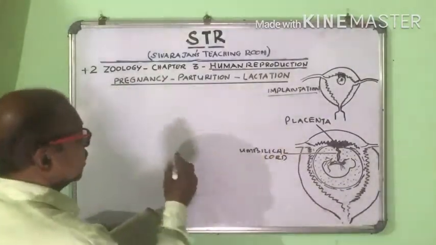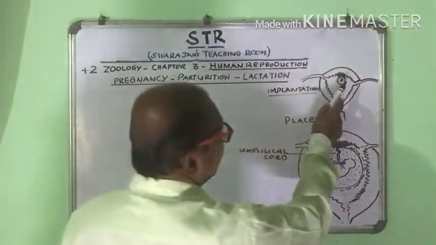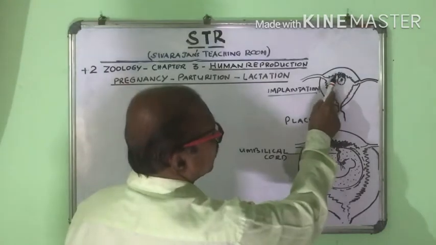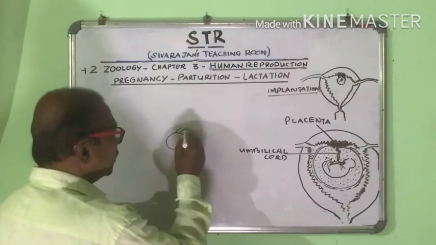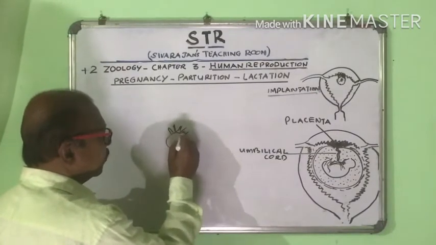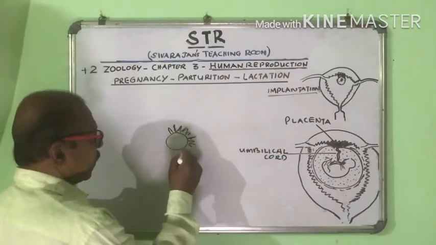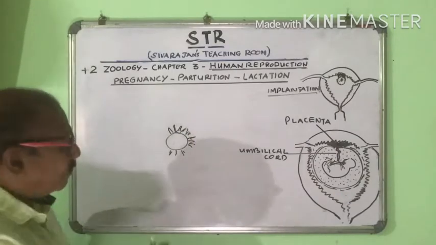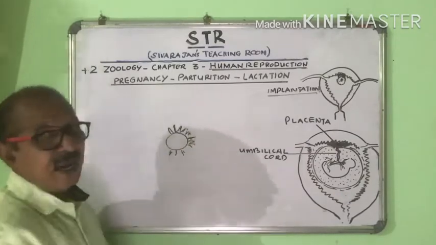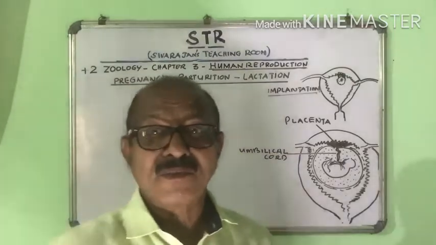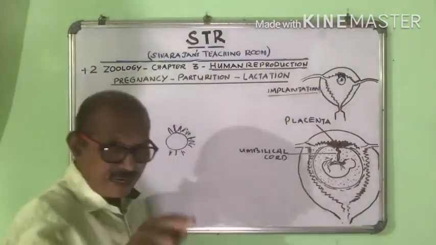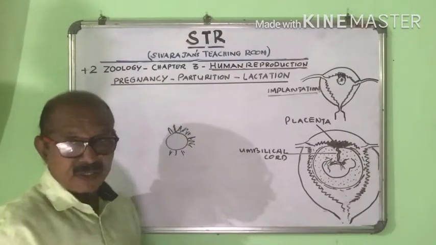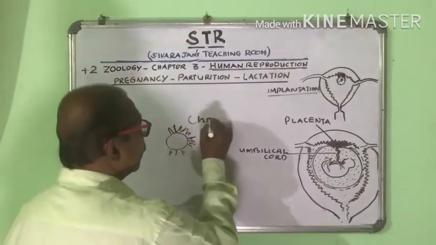After implantation, see, this is the blastocyst, this is the endometrium, and the blastocyst develops finger-like projections. These are called the chorionic villi.